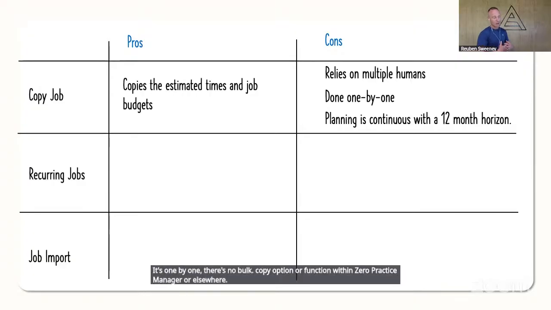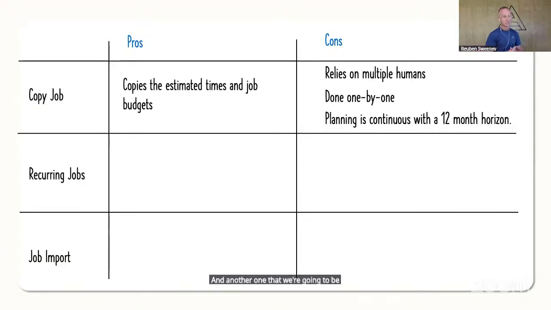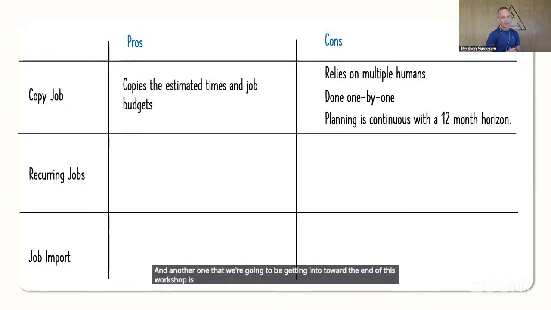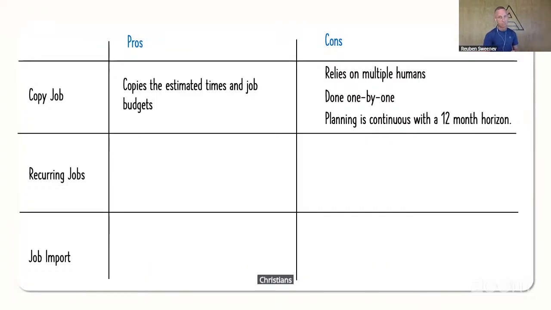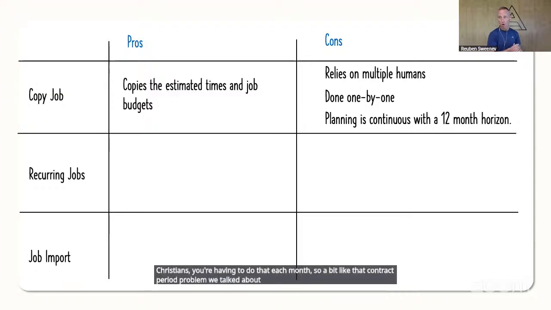And another one that we're going to be getting into toward the end of this workshop is your planning process. If you think about creating these jobs and then allocating them to people so that you can look into the future and say, do I need to hire more people? How many more clients can I bring on? These sorts of questions, you're having to do that each month. So a bit like that contract period problem we talked about, it becomes quite onerous when you've got a whole new batch of jobs to go and allocate out every month based on the things you finished in that month, and you're thinking a year ahead at a time.